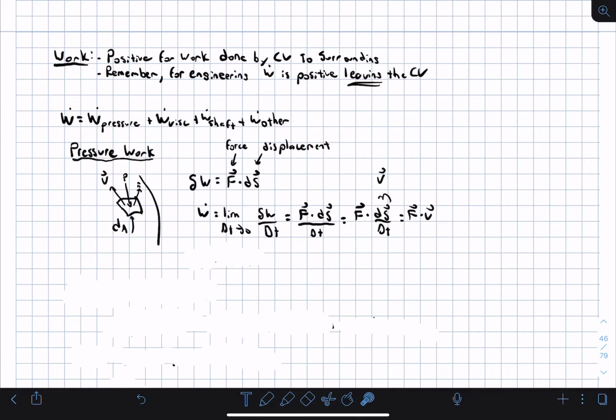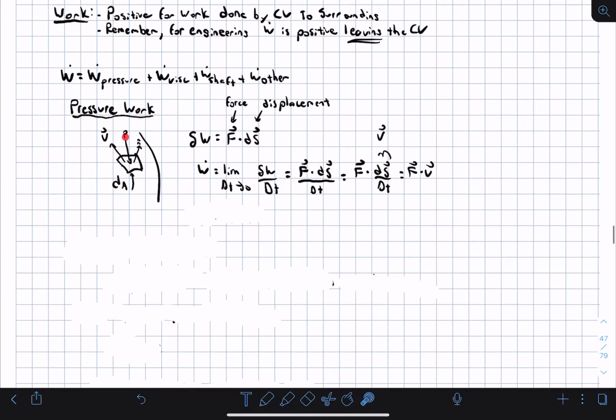Okay, and so now in this little patch, the rate of the work is just the force vector acting on it dotted with the fluid velocity. So now let's find the force, and we're assuming pressure. So our force is just minus p times n hat times the area, which is dA.